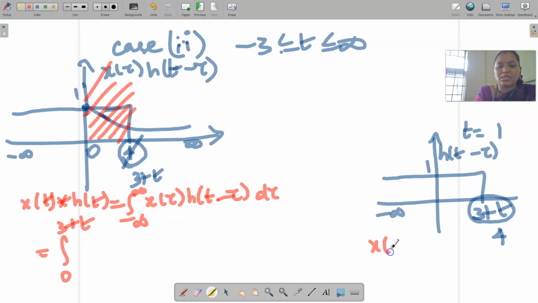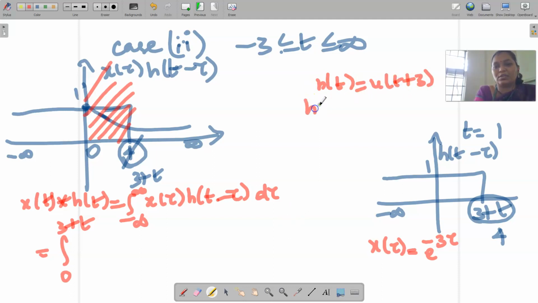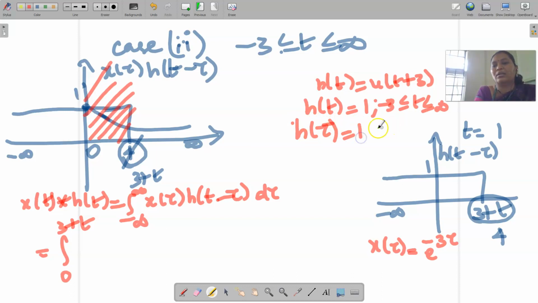So, x of tau is nothing but e power minus 3 tau, okay, and h of t minus tau. So, just for example I am writing here h of t is equal to u of t plus 3, okay. How will you represent? H of t is equal to 1 for t greater than or equal to minus 3, that is minus 3 to infinity, this already we have determined. So, h of tau will be what? It is equal to 1, okay, for same minus 3 to infinity.